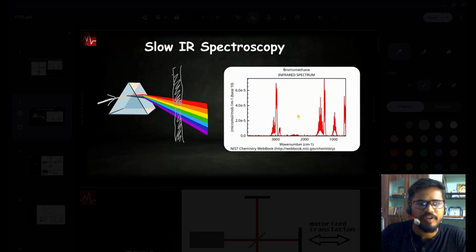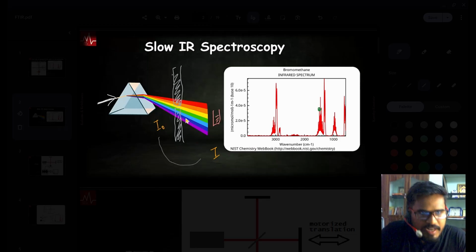I will have to have an estimate of the intensity I0 before the sample and the intensity I after passing through the sample, and using this ratio, if I know the frequency that I am letting in, I can get one point here. If I let another wave pass through, I can get that information too. But notice already we are having issues with what resolution we can really reach. The process is technically possible.